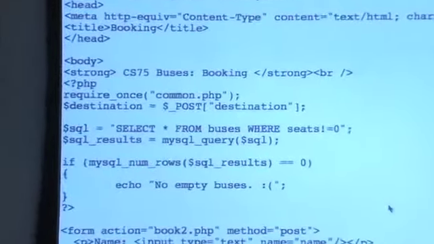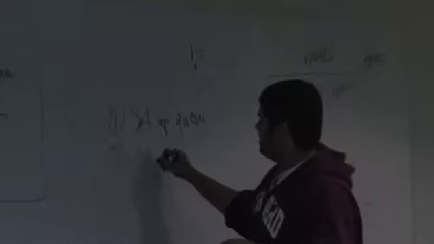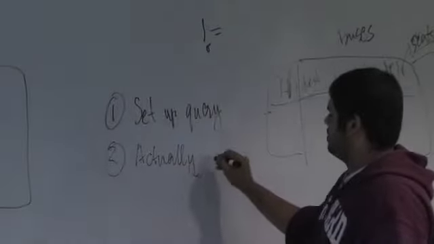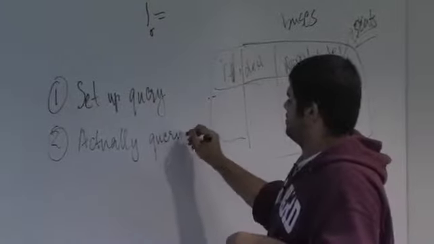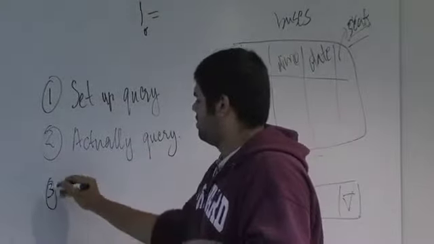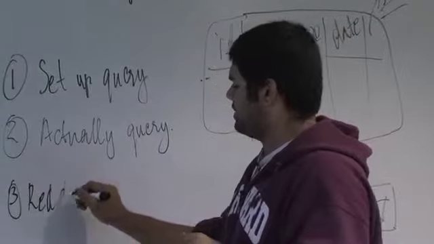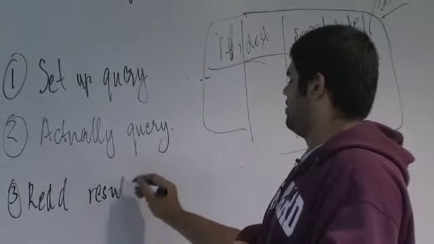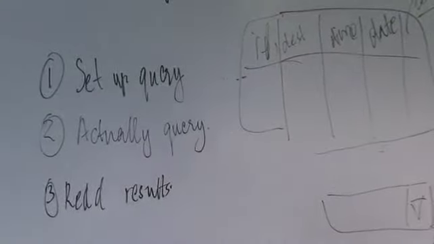It's just a string. Then actually execute it. And then you read the results. So there are three steps to querying: you set up the query, you actually query it, and then you read the result.